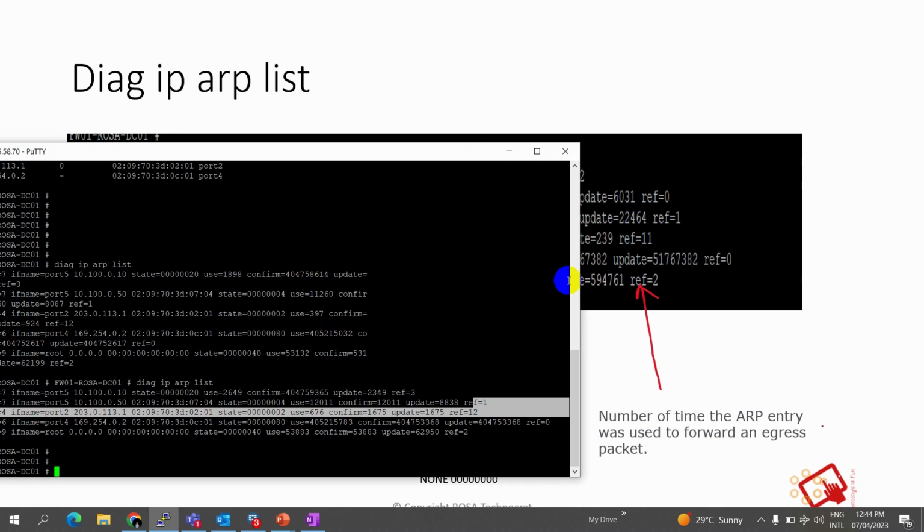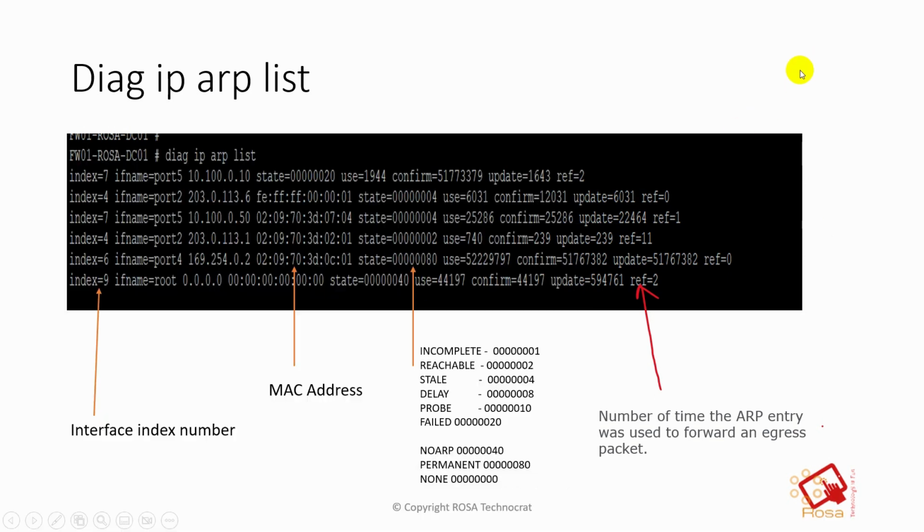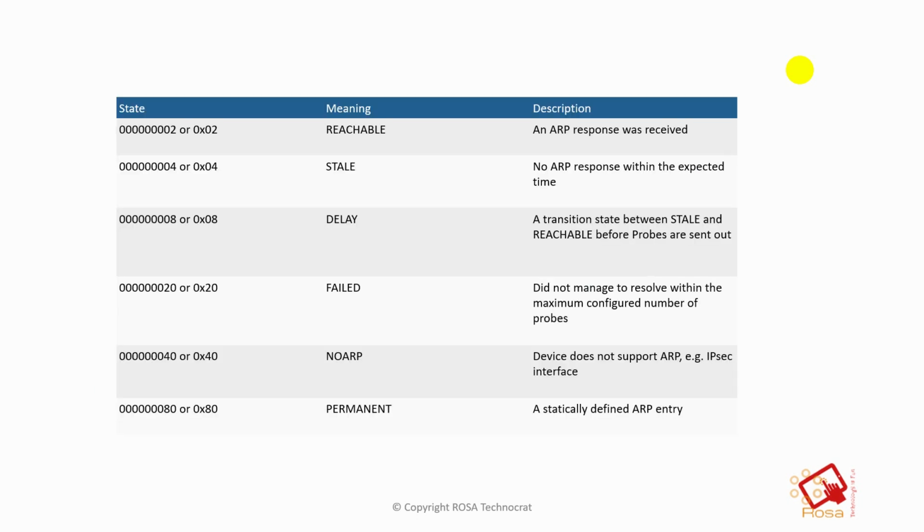Let me go back to my notes. This is why I was getting confused here. So use is the time in seconds since the ARP entry was last used to add the MAC address to an egress packet. IF name is the name of the FortiGate interface, and index is the interface index of the corresponding FortiGate interface.